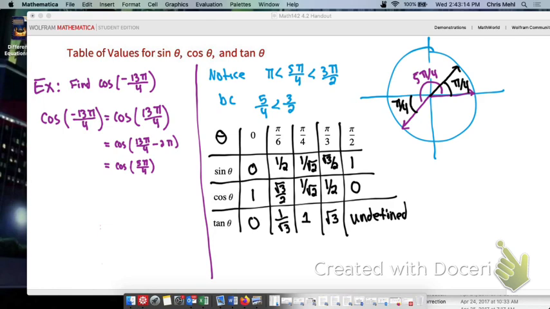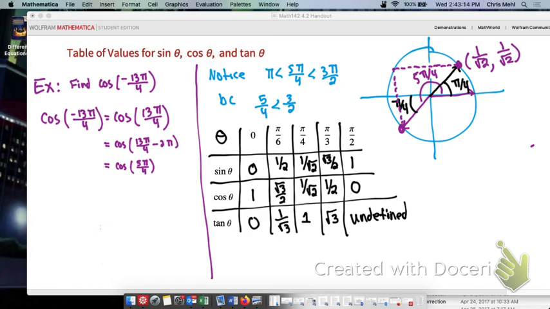Now, we know the coordinates of the point on the unit circle for an angle of pi over 4, because the x-coordinate is cosine pi over 4, that's 1 over root 2. And the y-coordinate is sine of pi over 4, which is also 1 over root 2. By reflecting over the y-axis and then over the x-axis, we change the sign on both coordinates.